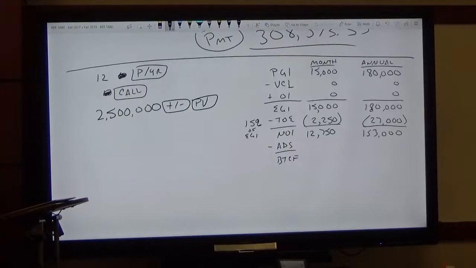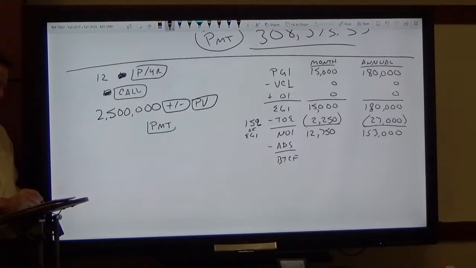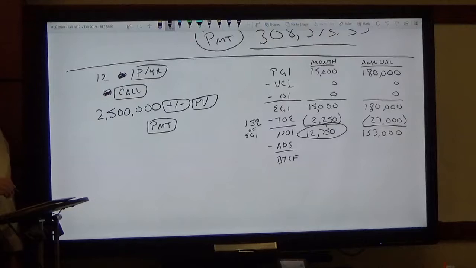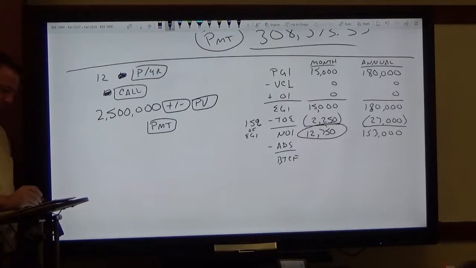Everybody good? Now at this point we're not going to mess with the annual debt service or before tax cash flow for this particular problem. So what number are we going to be using for our payment or our cash flow? 12,750. That number right there is our net operating income after we have subtracted out our operating expenses.